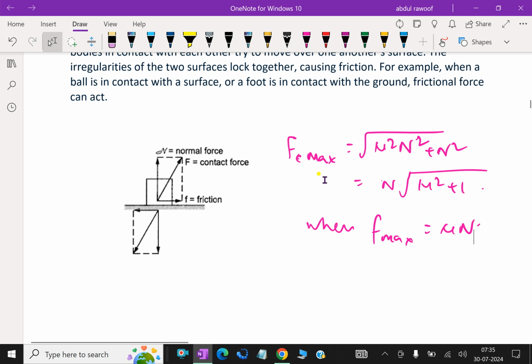Here, FC max, the maximum contact force, is given by this formula when F max equals mu N.